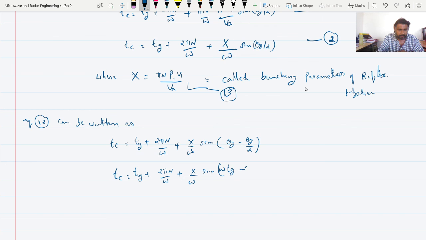So this is the equation for the time of arrival of the electron at the cavity gap.